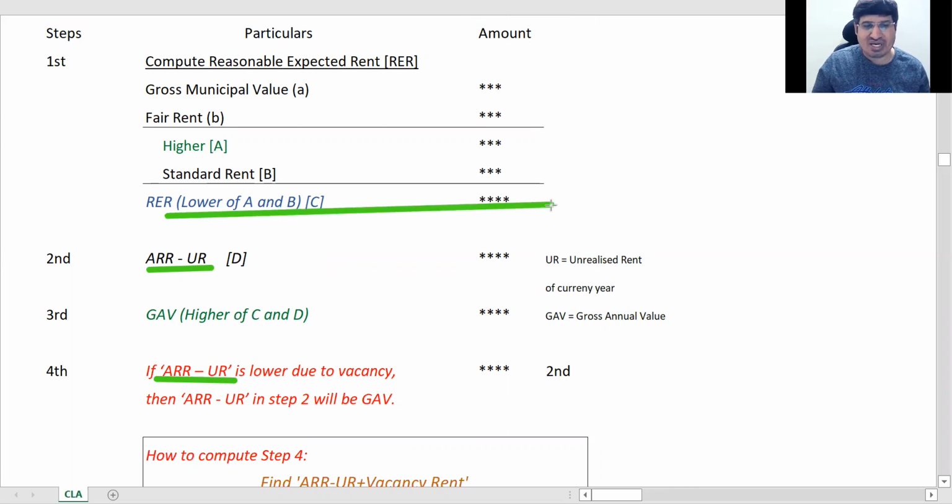With this we are comparing. So ARR minus UR is lower due to vacancy, then ARR minus UR in step 2 will be GAV.